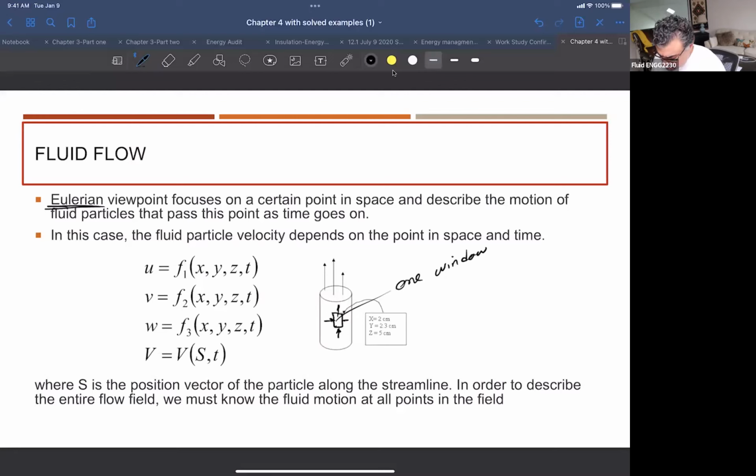In this case, we are putting the velocity as a function of x, y, z, and t, which means that at any single point of the fluid, the velocity can be changing in the x direction, in the y direction, in the z direction, and can be changing locally at the point with time, right?